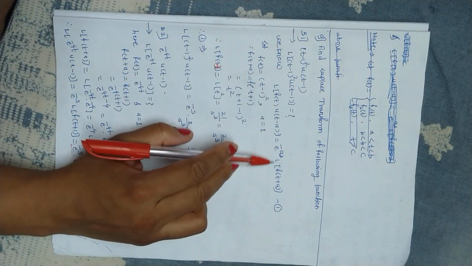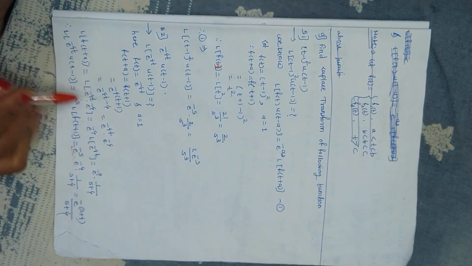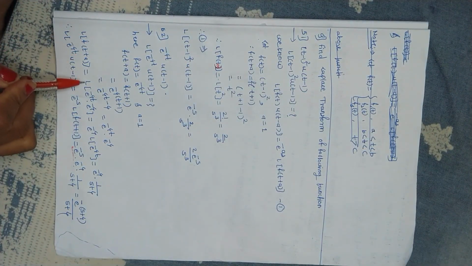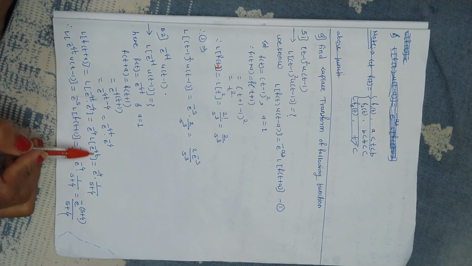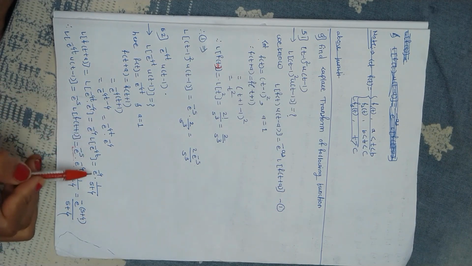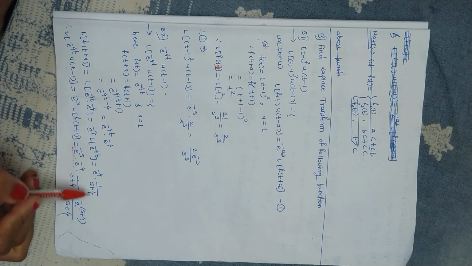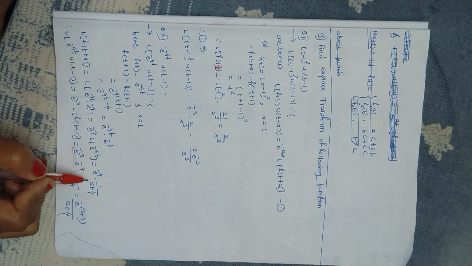Now we have to find the Laplace of this function from this result. Take e raised to minus 4 outside, and Laplace of e raised to minus 4t is nothing but 1 upon s plus 4. This is the standard formula. Now put this value.